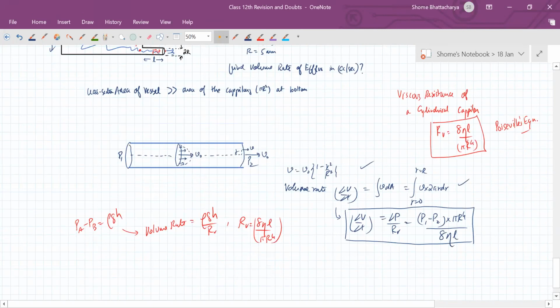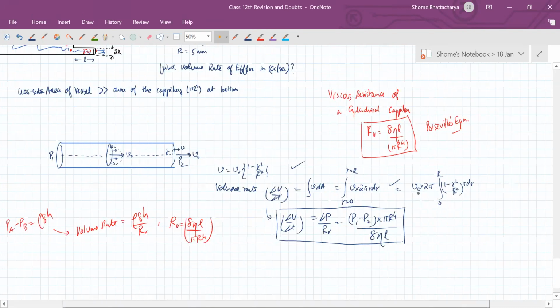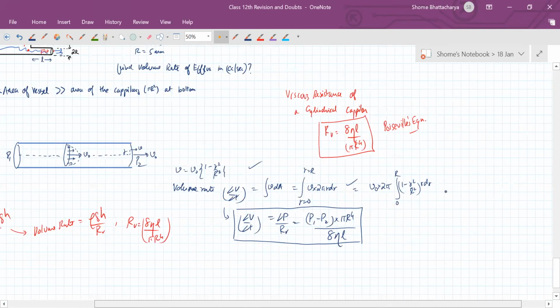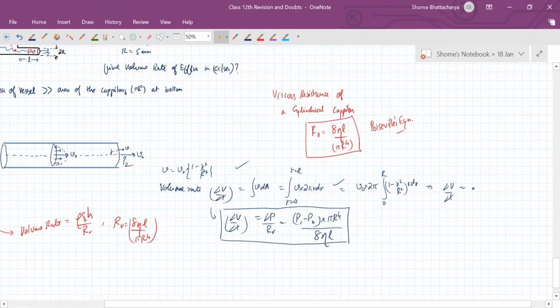Now, this thing also, you should just know as a formula. When you substitute this, the relationship comes out like this: V naught into 2 pi, 1 minus r square by capital R square, r dr from 0 to capital R. So the relationship between the volume rate and the velocity of the axial point, that you should know. So delta V by delta T into this comes out to be r square.